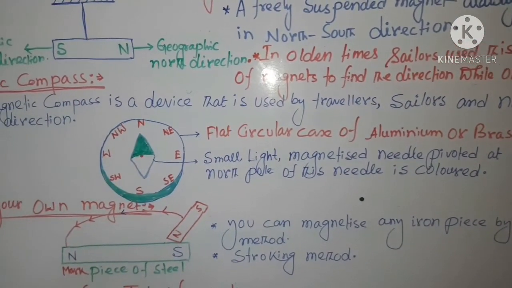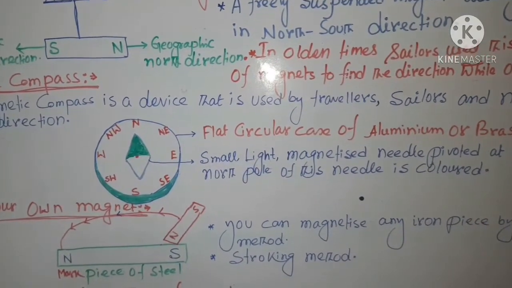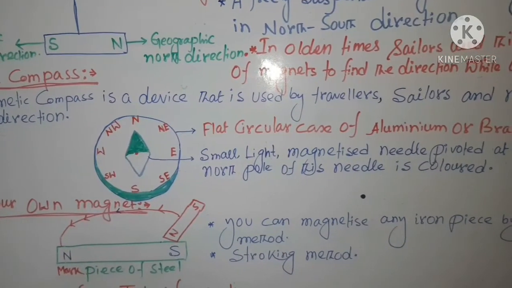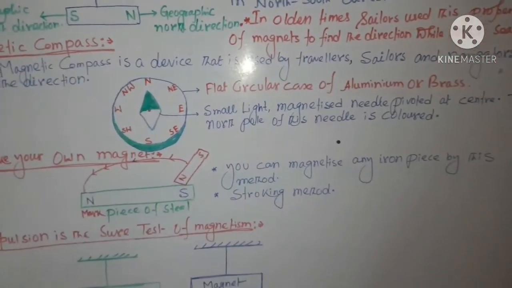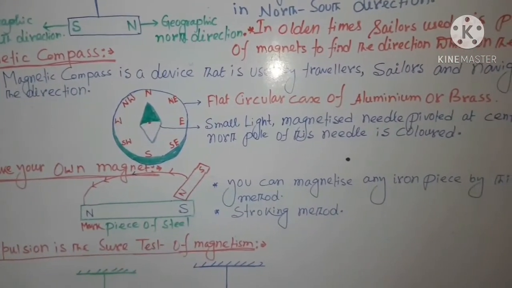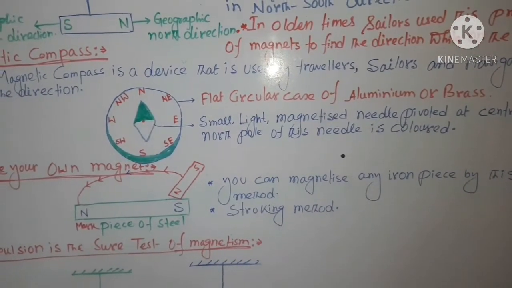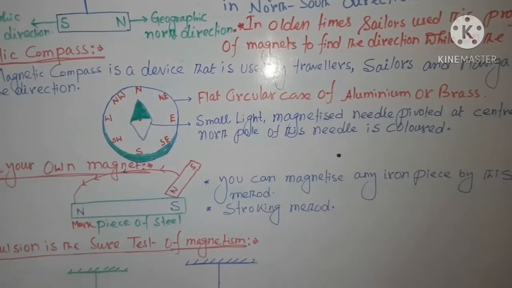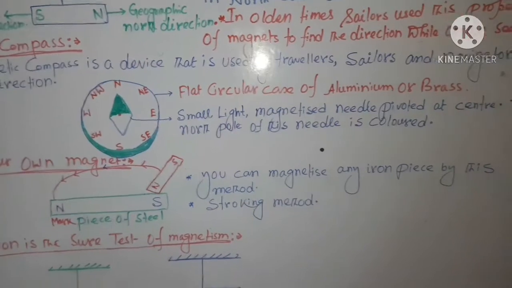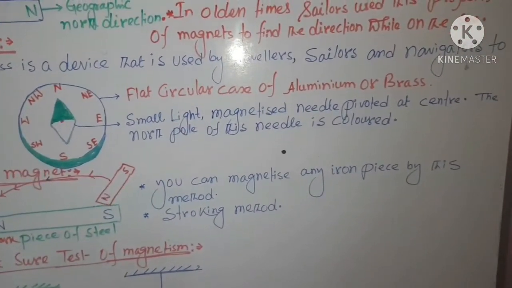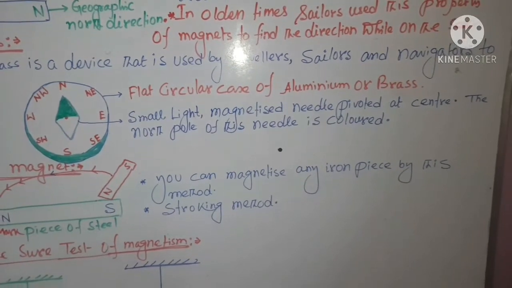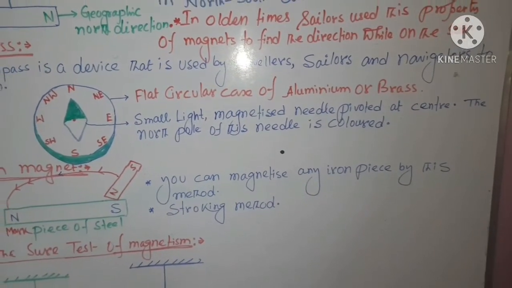Now you have to know how you can determine the direction of an unknown place with the help of this magnetic compass. You place the magnetic compass at that place. Remember that the colored end of the needle always points towards the north direction of that place.